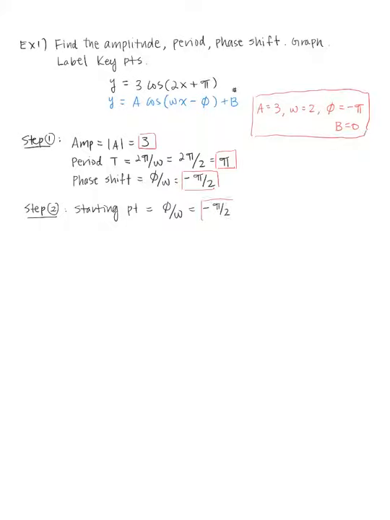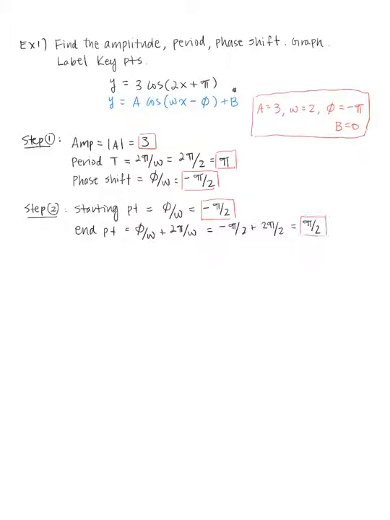That's our starting point of the interval. And our endpoint is phi over omega plus 2 pi over omega. So this is negative pi over 2 plus 2 pi over 2, so this is pi over 2.